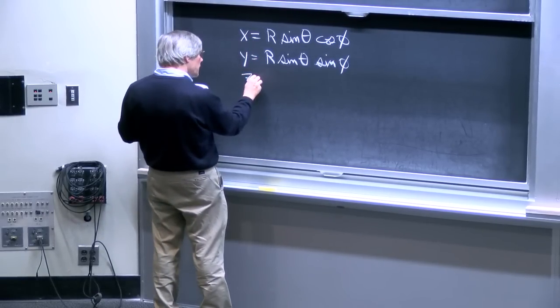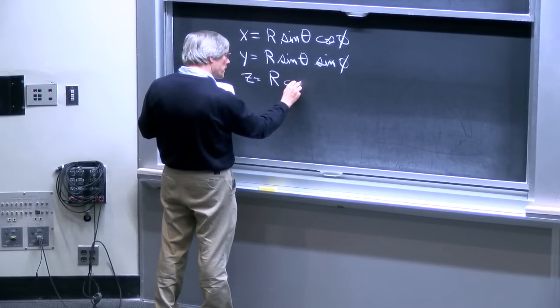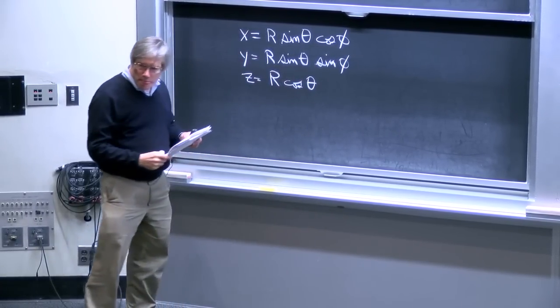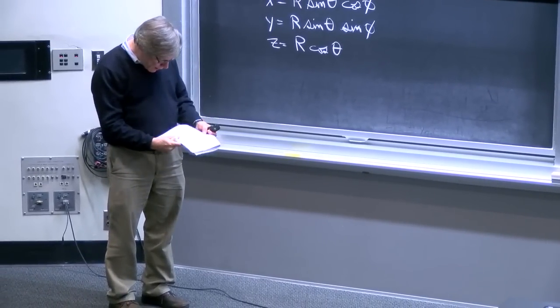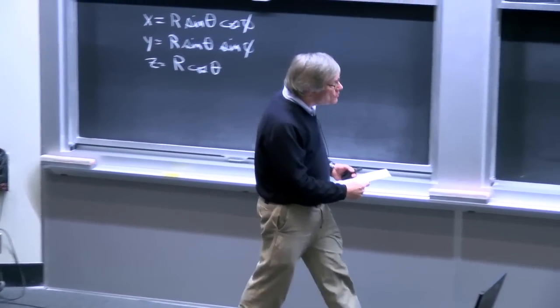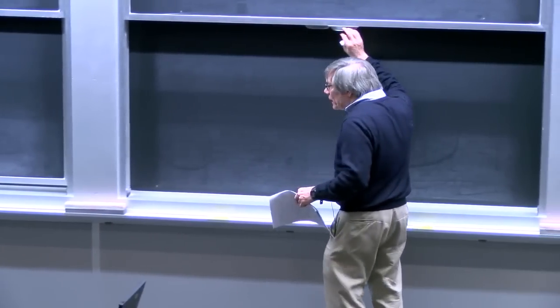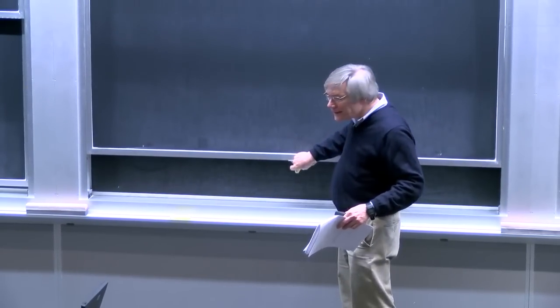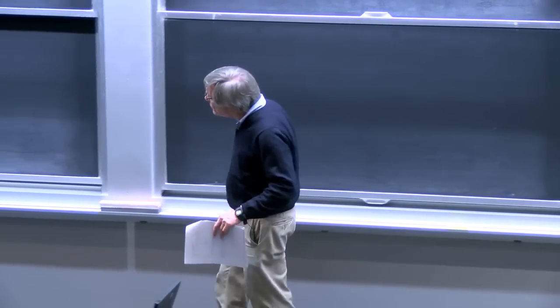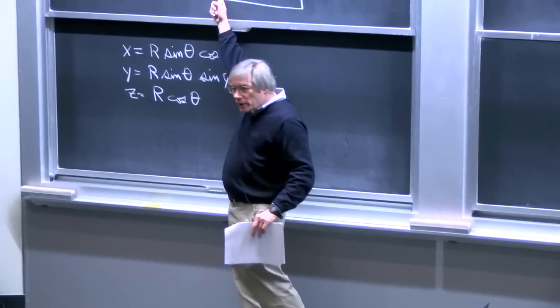And z is equal to r times cosine theta. And once one writes those formulas, then one can just use straightforward calculus to get the metric without needing to draw any pictures at all.